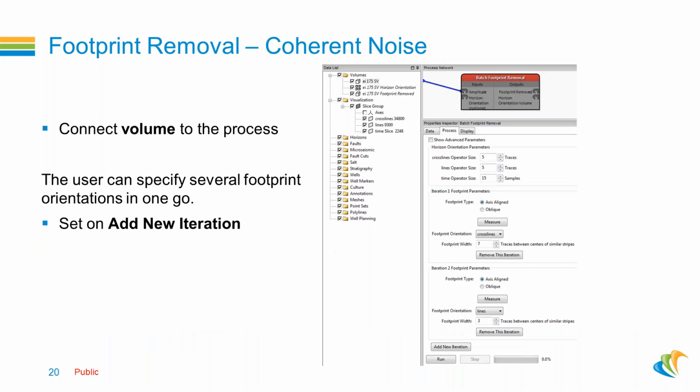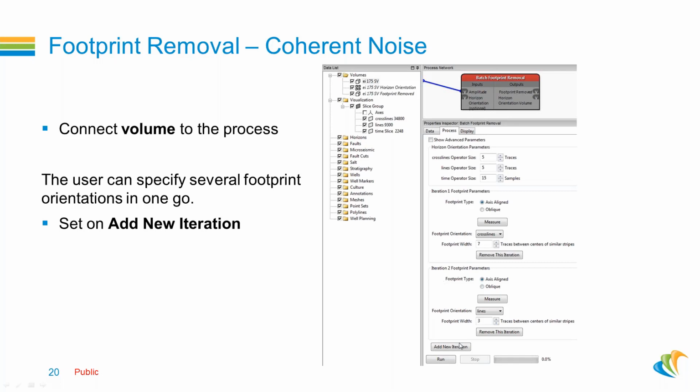Just to let you know, we have a very clever way to work with data conditioning, because in this batch footprint removal process, we can do several data conditioning operations in one go.